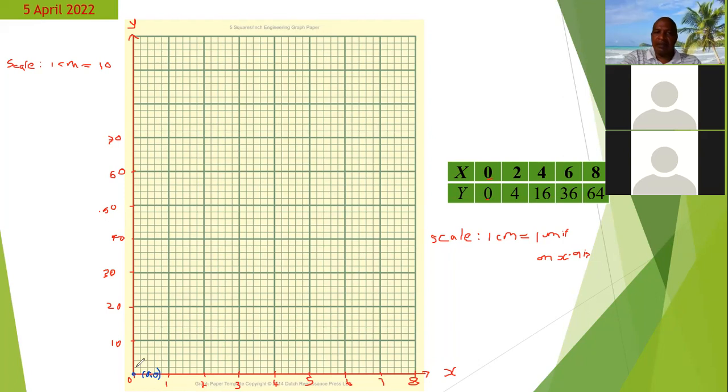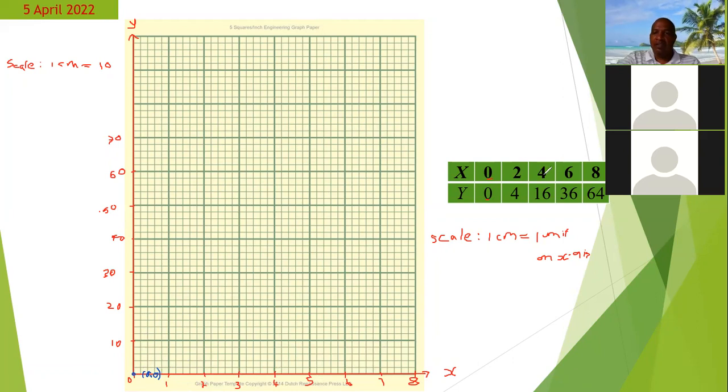Can anybody tell me? 1? All right, if you call one of these 1, then you would go from 0, then 1, 2, 3, 4. That wouldn't be correct. You want to try another number? How many tiny boxes are there between the centimeter marks? 2, right? So one of these tiny boxes would be 2.